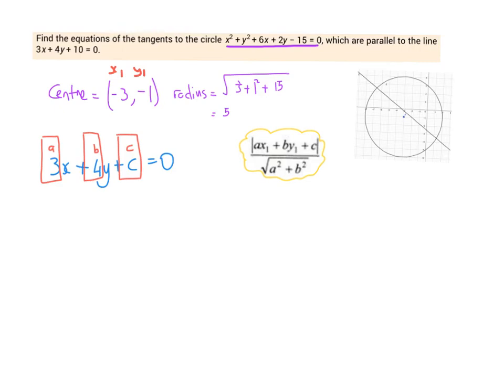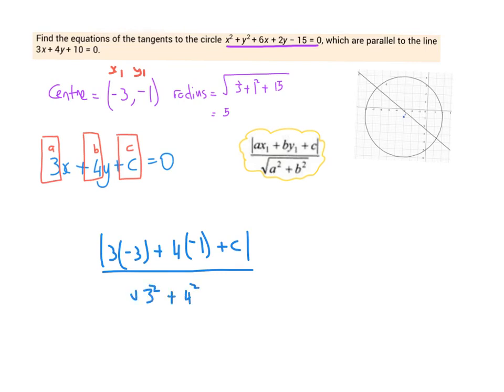So this time we have 3 bracket minus 3 plus 4 bracket minus 1 plus c, and that's an absolute value, all over the square root of a squared plus b squared, which is the square root of 3 squared plus 4 squared, and that's all going to be equal to 5, which was our radius up here.